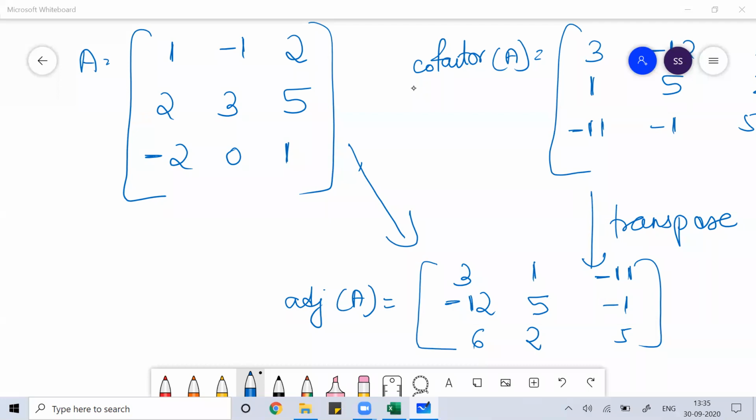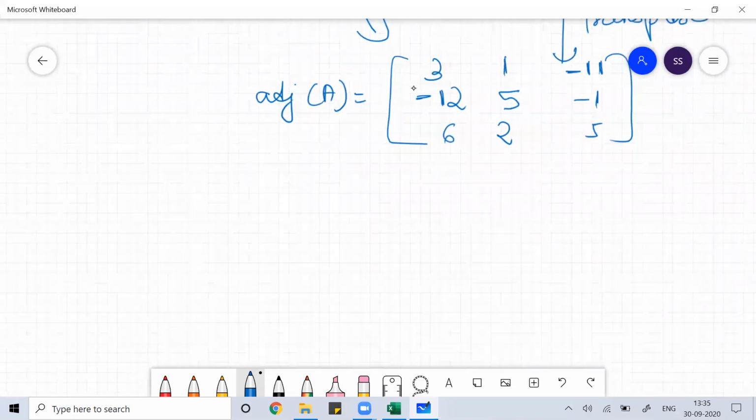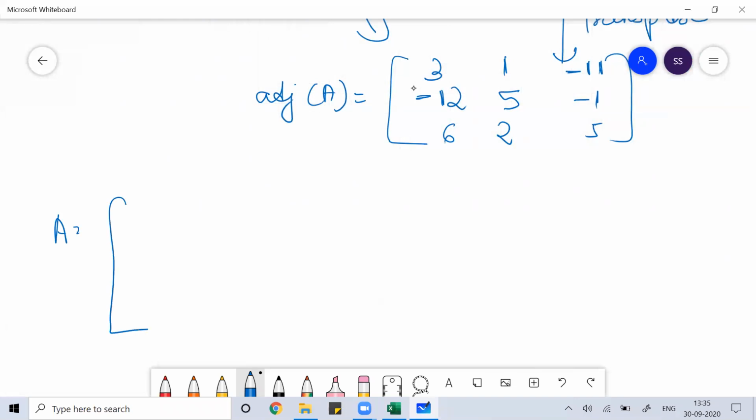How will I find the inverse of A? I'll divide the adjoint of A by the determinant of A. We know how to find the determinant. This is the A: 1 -1 2, then 2 3 5, and then -2 0 1.